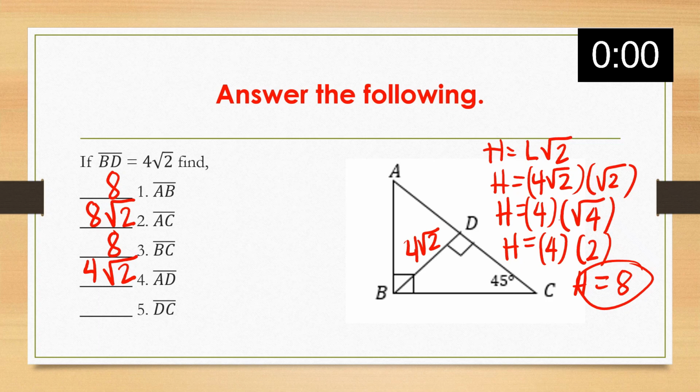What is the length of line segment DC? Correct. That is 4 square root of 2, because line segment DC is also congruent to line segment BD. Did you get the correct answers? Good job!